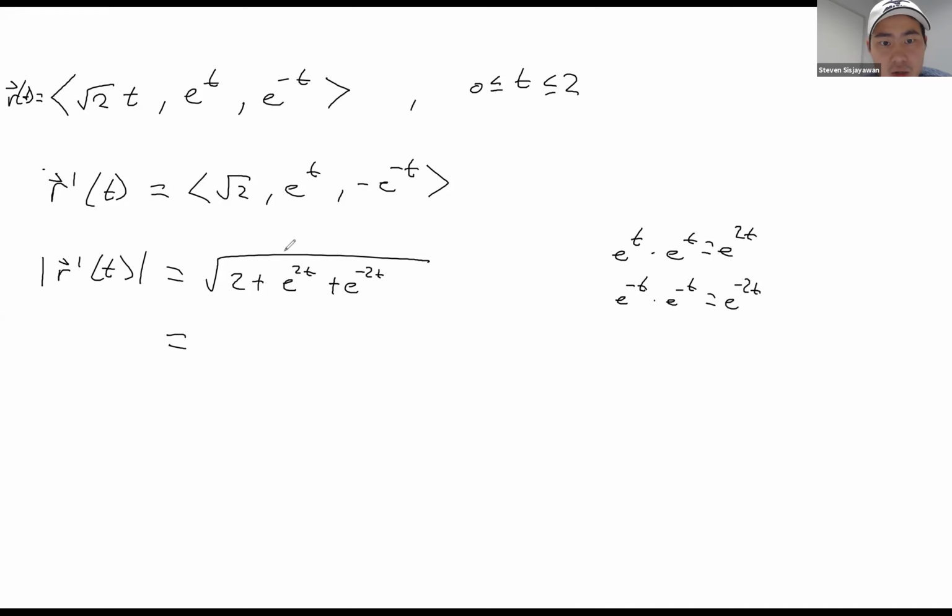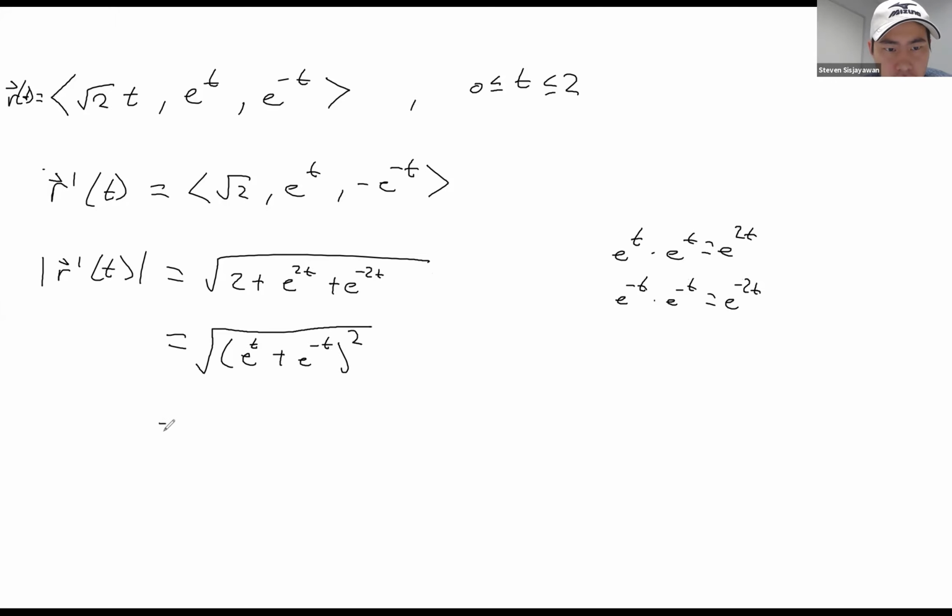So I can factor this down into e to the power of t plus e to the power of negative t, squared.